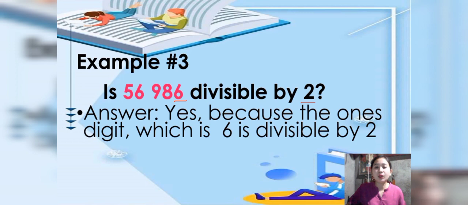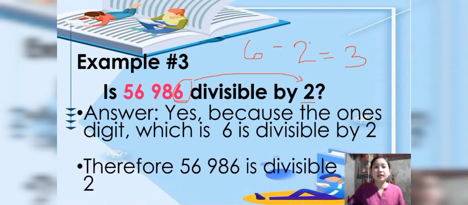It means when we divide 6 by 2, its quotient is 3. There is no remainder, so meaning to say 6 is divisible by 2. Therefore, 56,986 is divisible by 2.